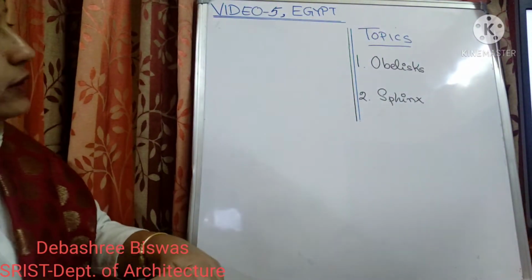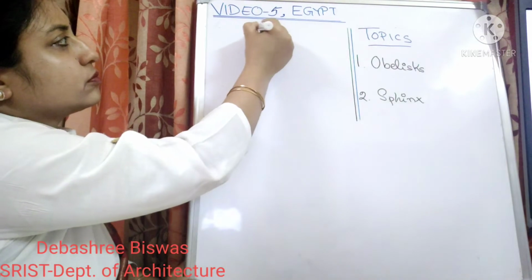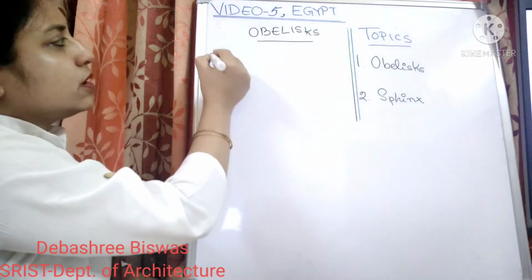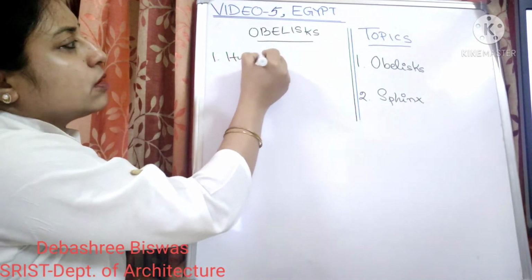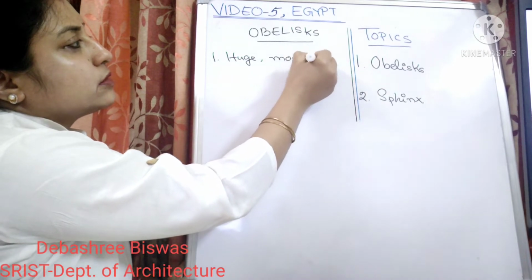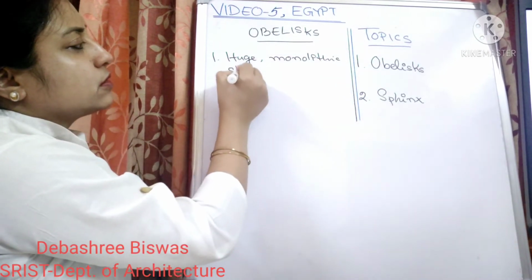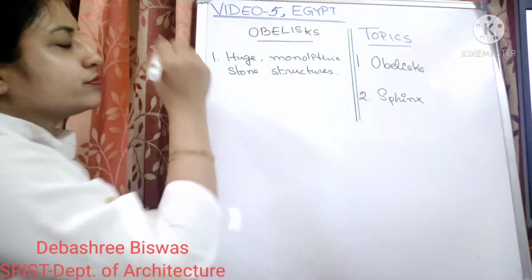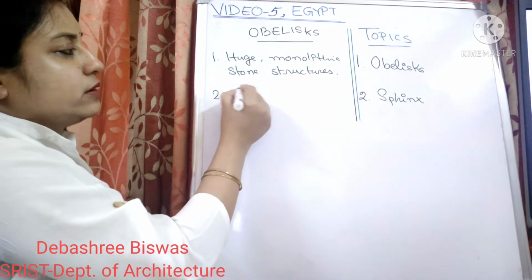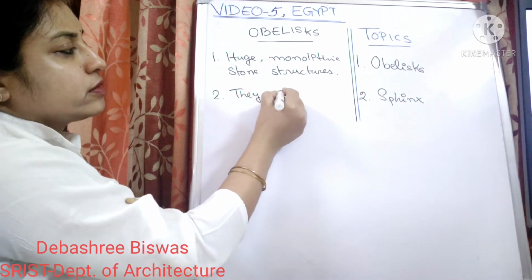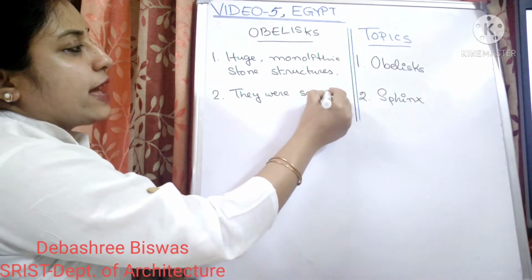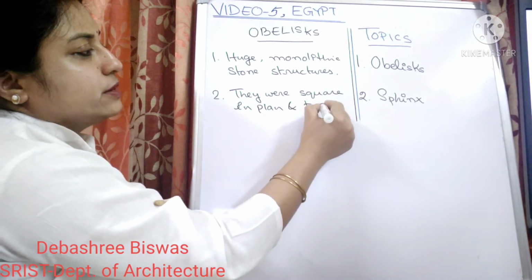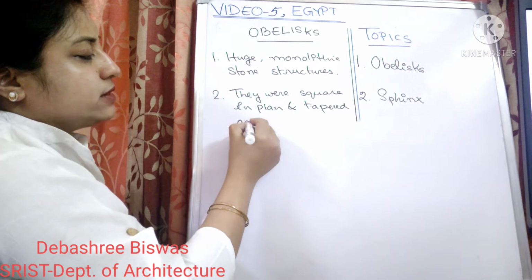For obelisks, these were huge monolithic stone structures. They were square in plan and tapered as the height increased.